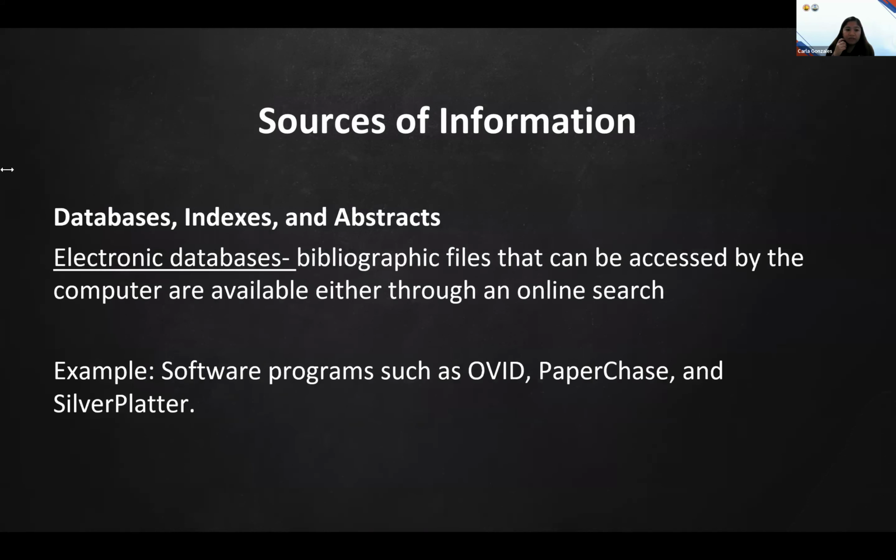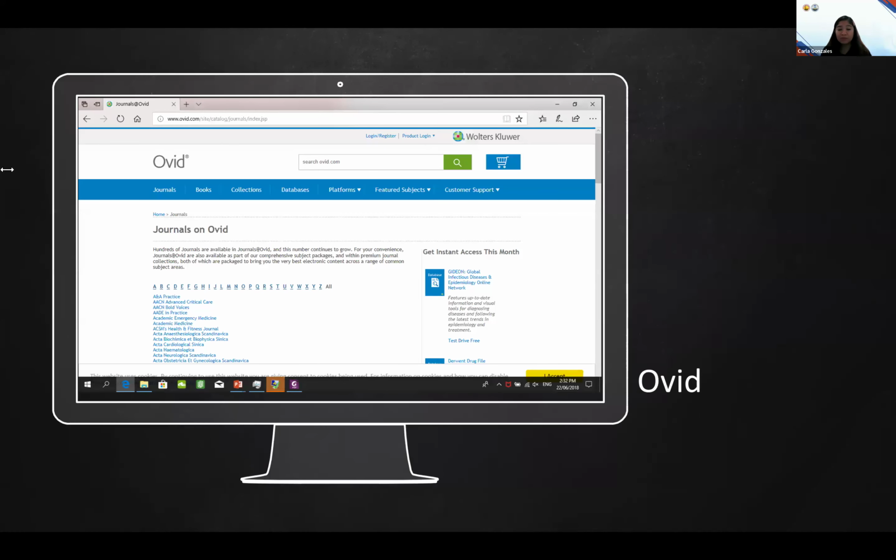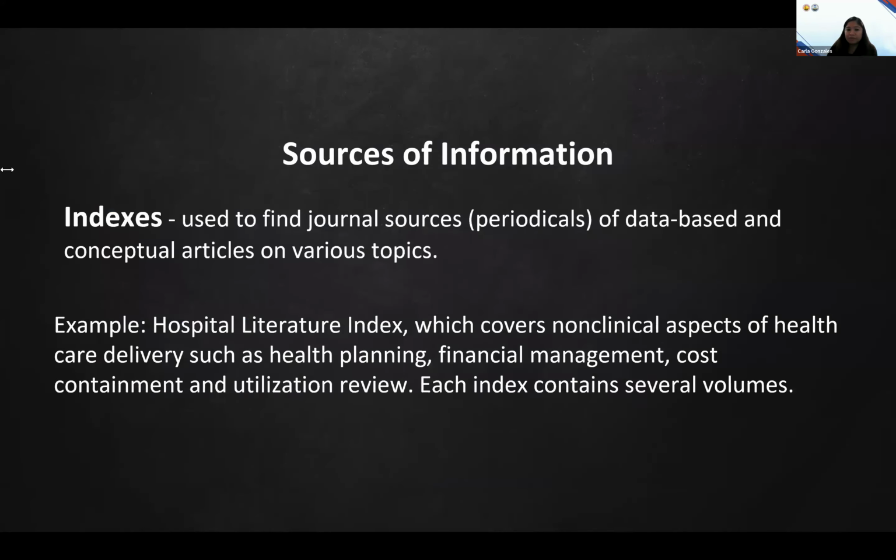Then for databases and indexes, usually you're familiar with electronic databases like Ovid, Paperchase, and Silver Platter. But again, some of these come with a subscription to be able to download the full text online. If you just want to look at the abstract, usually they provide it.